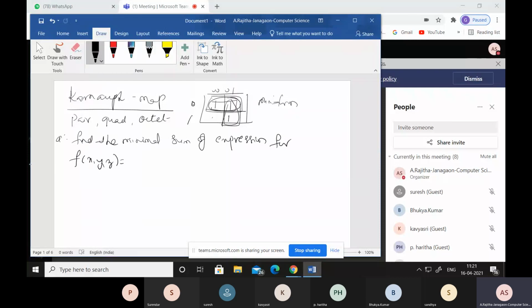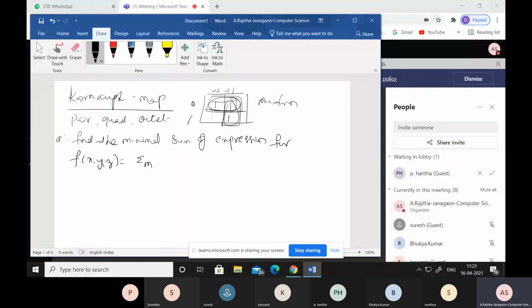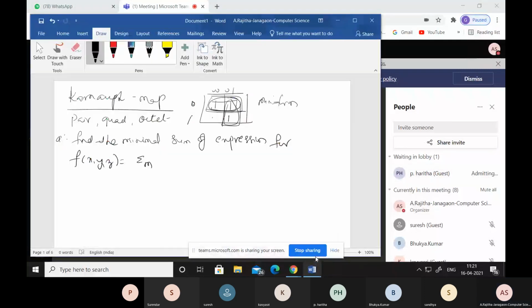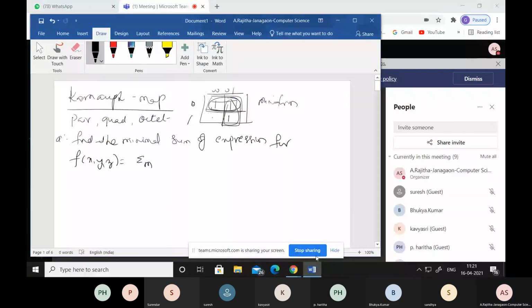Here three variables are there. So this is the sum of min terms. This symbol is nothing but the sum of min terms. Now this symbol is called a sum of min terms.